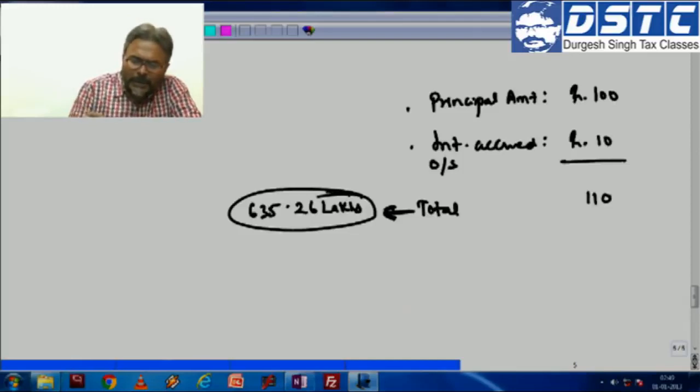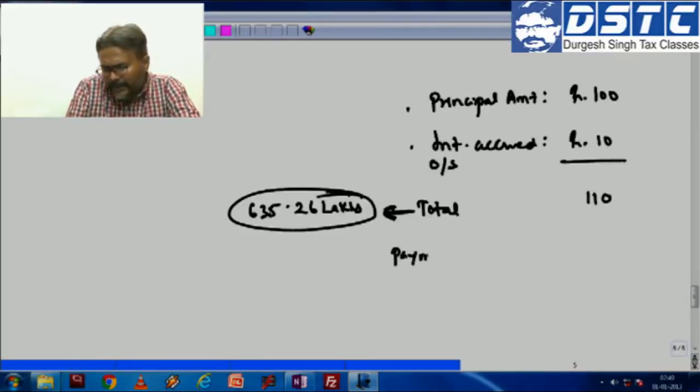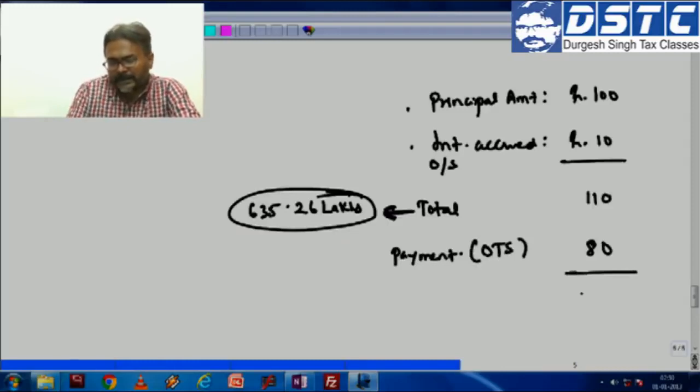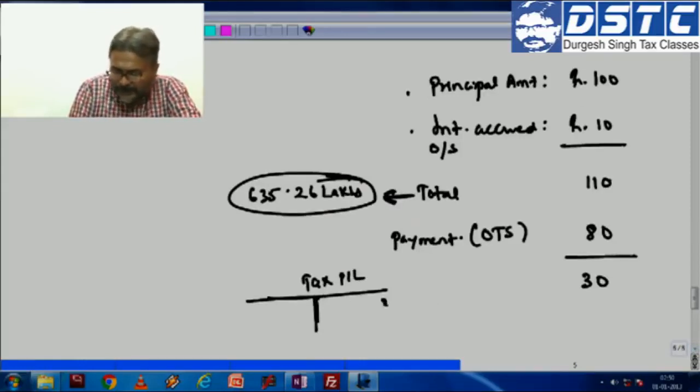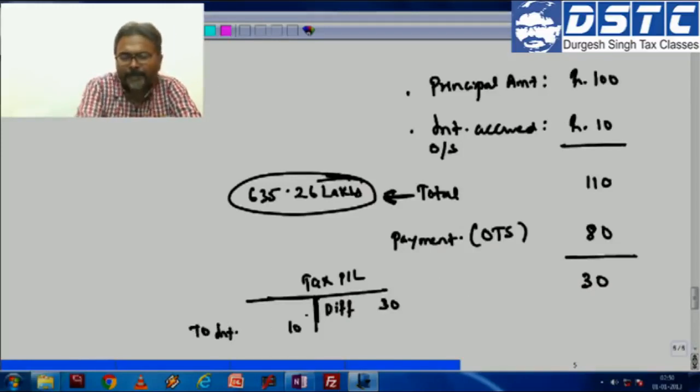So in this context, this is the total. Against that, a payment has been made. Say the payment made is 80, full and final, OTS, and then the difference is 30. So what the assessee did was, in his tax P&L, he offered the difference of 30 as income, and claimed the interest as a deduction of 10.